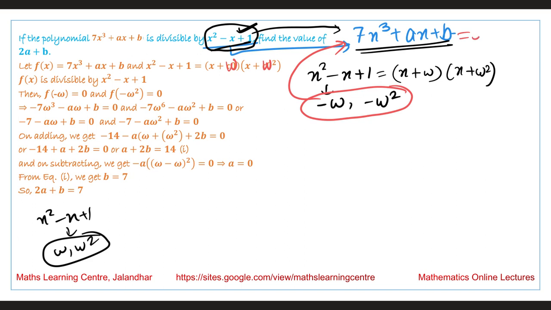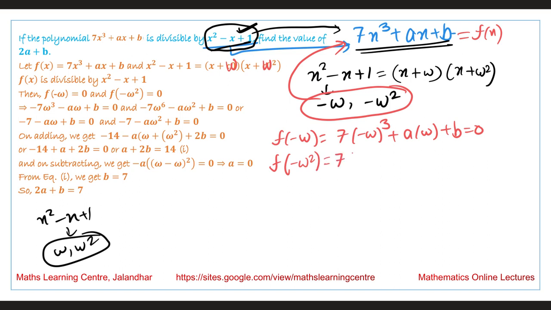Suppose we write this as f of x. So we get f of minus omega equal to 7 times minus omega cube plus a times minus omega plus b is equal to 0. And we have f of minus omega square, that is 7 times minus omega square cube plus a times minus omega square plus b is equal to 0.